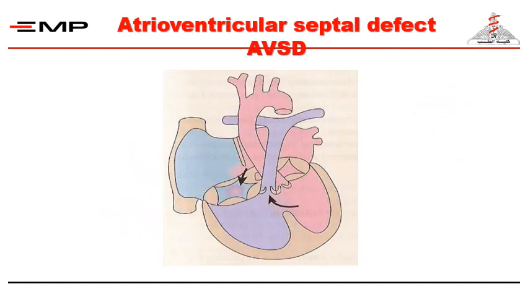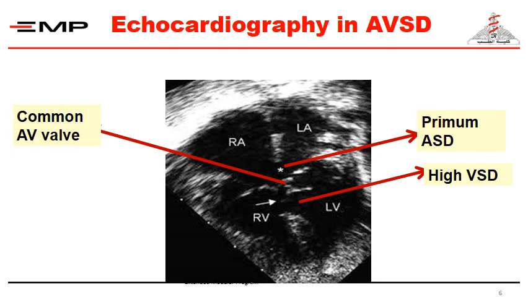This is a diagram of the defects where there is a low ASD, a high VSD, and a common AV valve. This is an echo of the defect showing, look at here, this is a low ASD, a high VSD, and a common AV valve. This is an echo, and this is called a four-chamber view because we can see the four chambers of the heart.